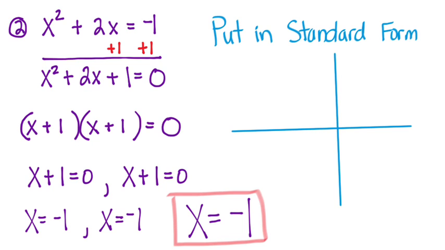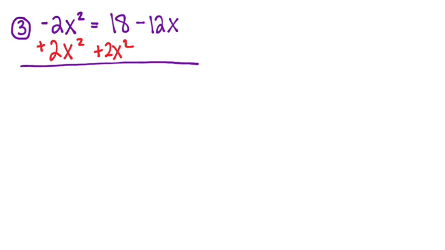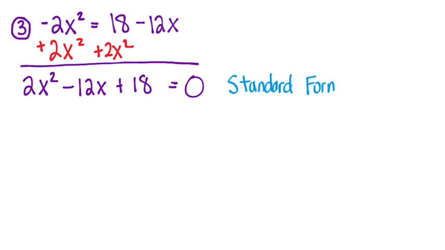Okay. So now I need to go ahead and solve when this equals 0. So it's easier to move the 2x squared. And I can see this is standard form. I need to factor. I can take a GCF out.